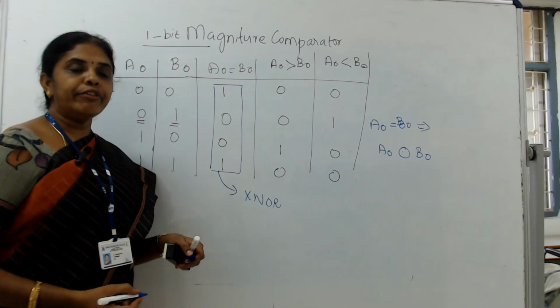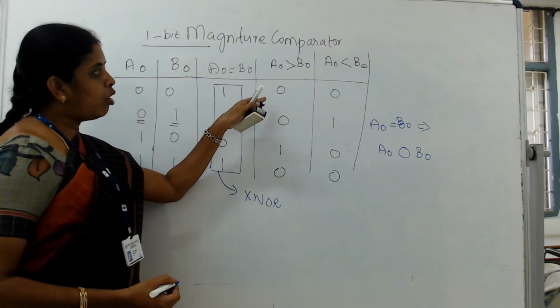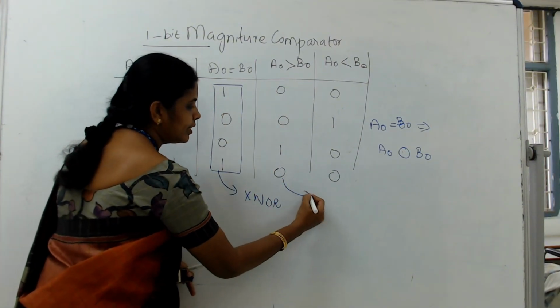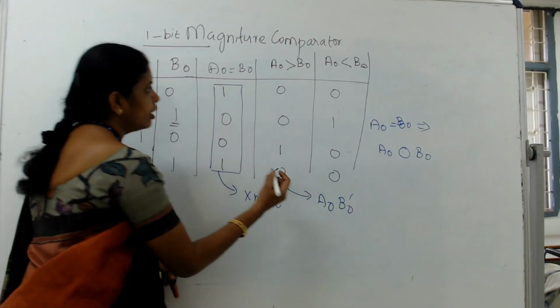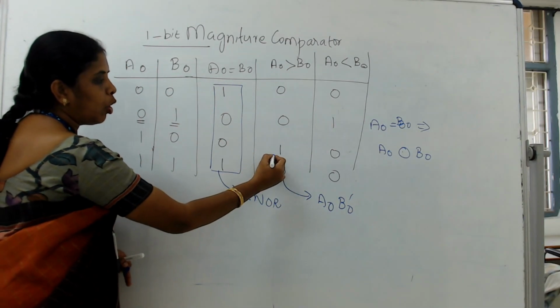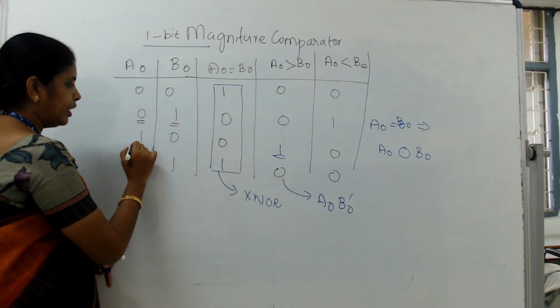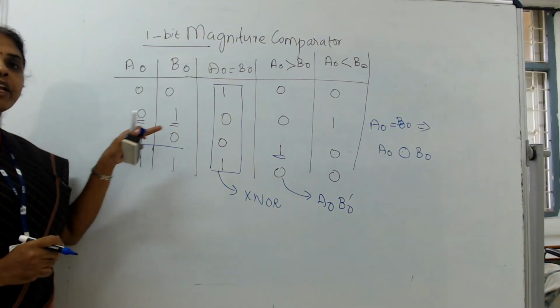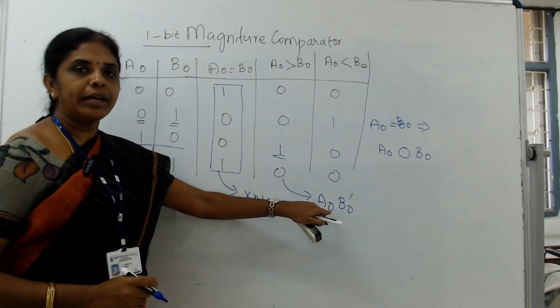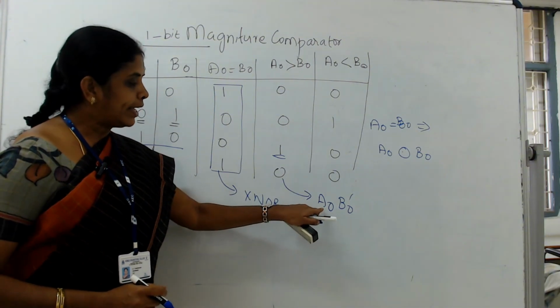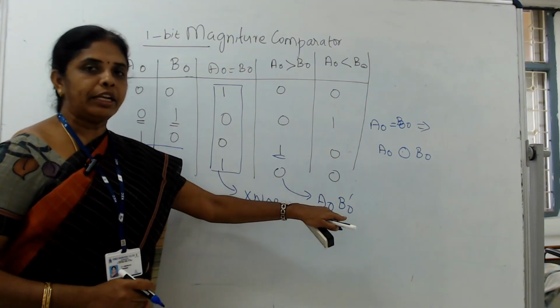Similarly, for A naught greater than B naught, the output is 1 for the combination A naught is 1, B naught is 0. So we can write A naught into B naught bar.